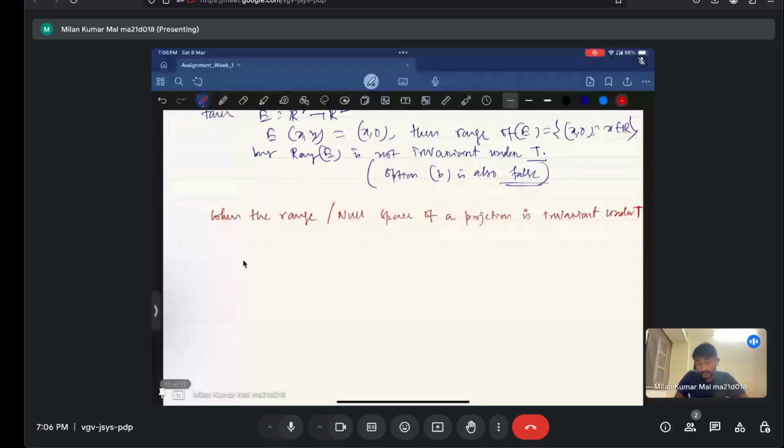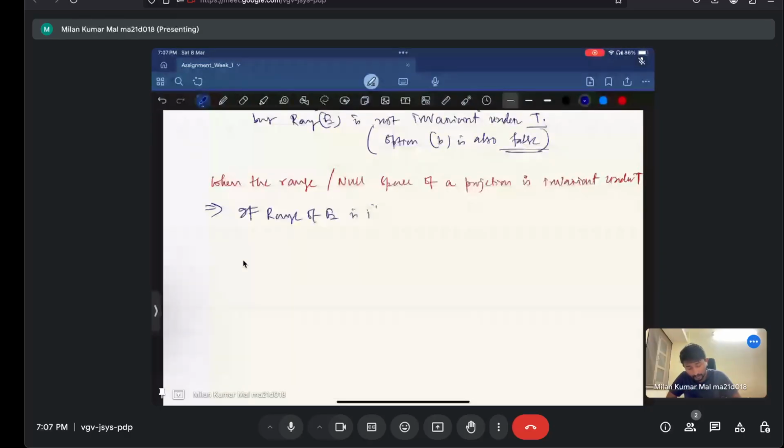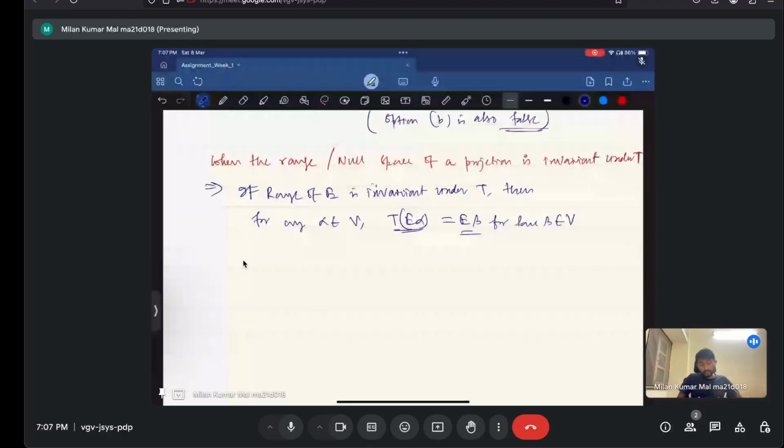If the range of E is invariant under T, then for any alpha belonging to the vector space V, T of E alpha is in the range, so it equals E beta for some beta in V. The range of E is invariant if T of E alpha is again in the range.